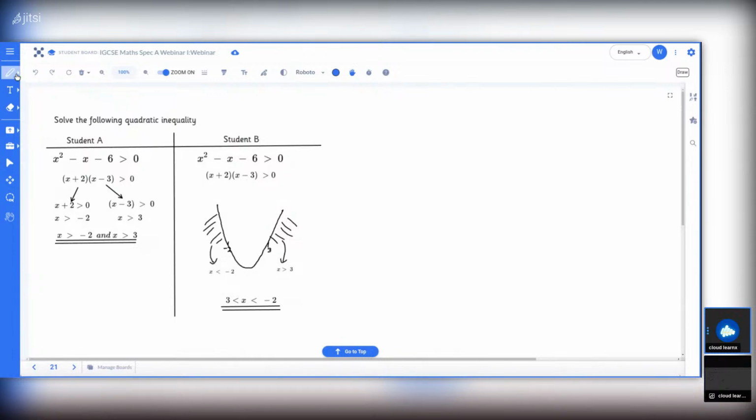Right, so here I think we're supposed to have a graph like that, right? What do we have here?